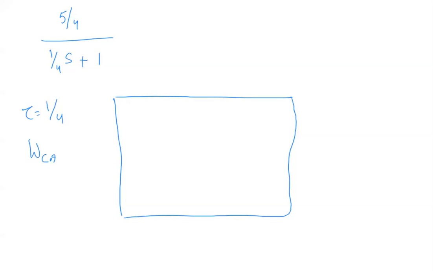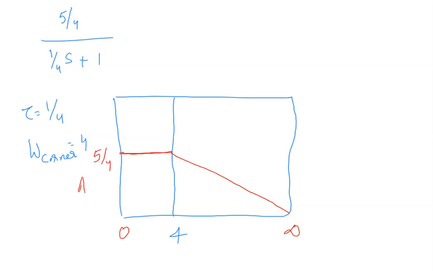What is 4? 4. So you have 0. This is 5 by 4. This is amplitude ratio. This is frequency. Once again, it is on a log graph.